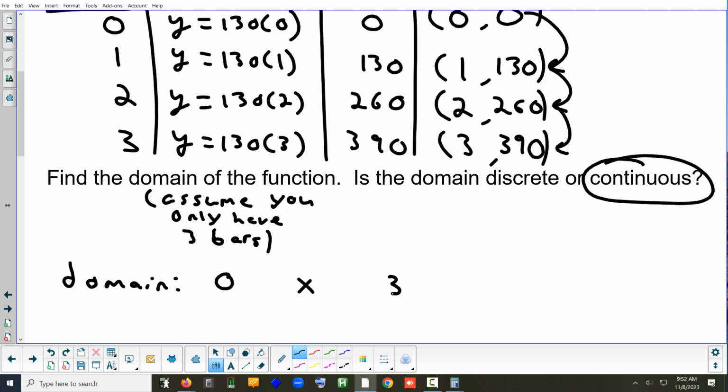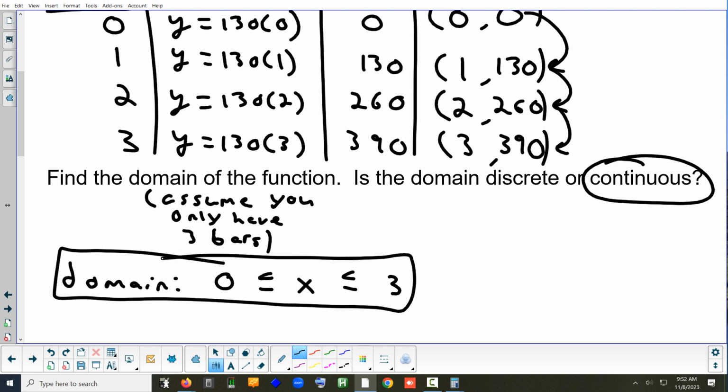And which way do the inequality symbols always point? To the smaller number. So the domain here is any amount of bars between 0 and 3. 1.5 bars, 2.5 bars, 2 1/4 bars, 2 3/4, anything you want.